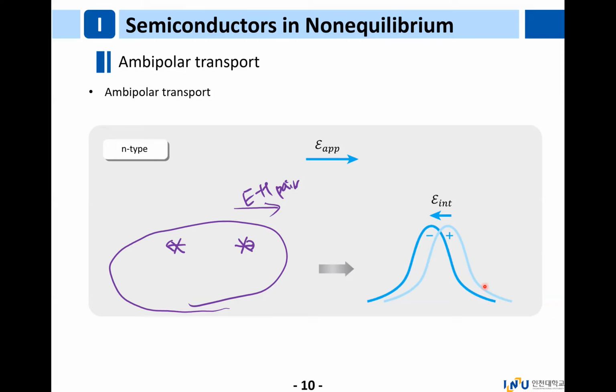Therefore, the movement of these paired excess carriers is termed ambipolar transport. The prefix "ambi" implies on both sides or both, indicating that carriers of both polarities move together.